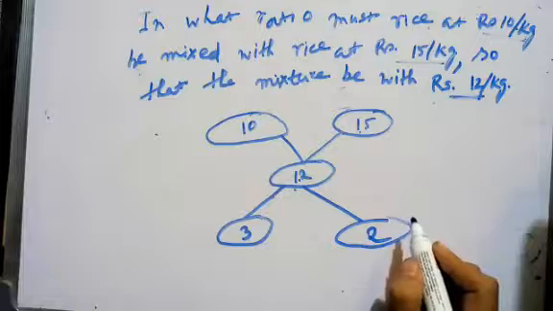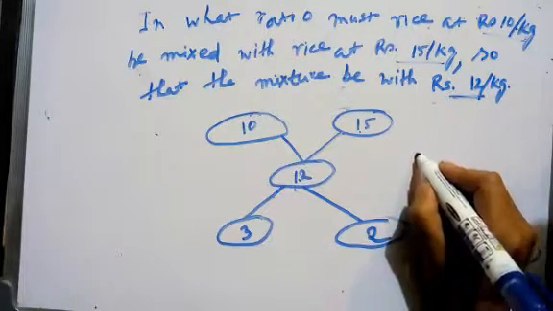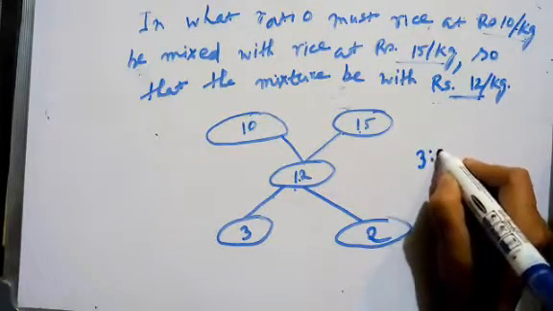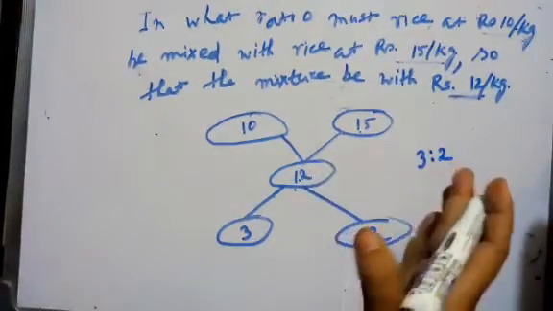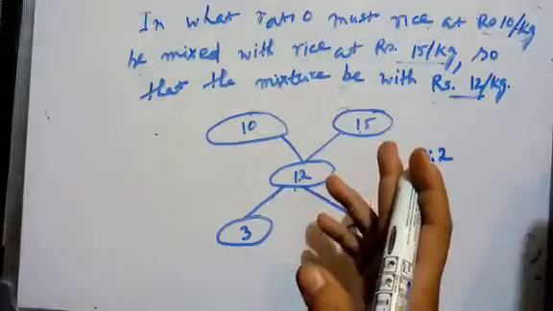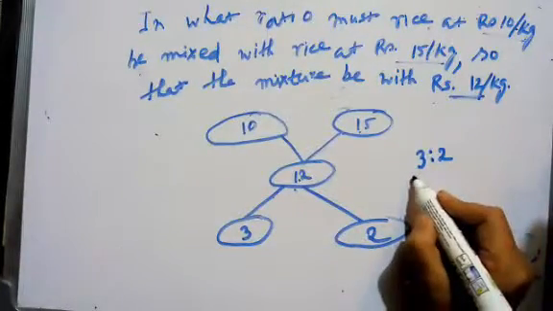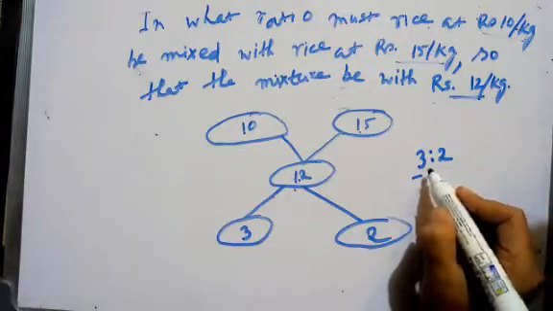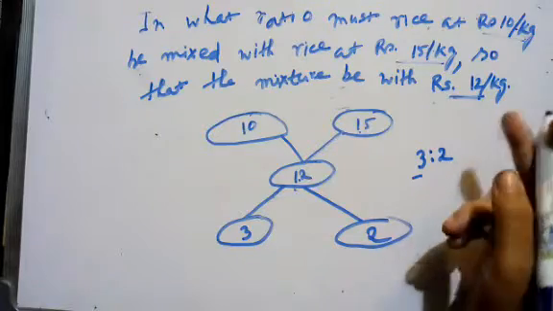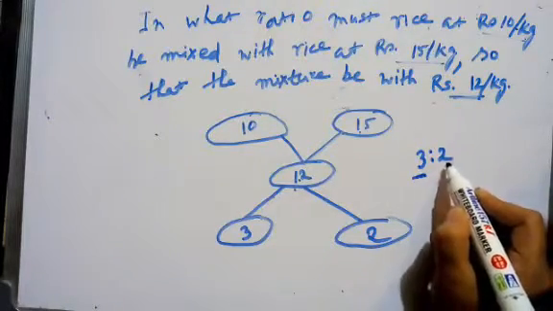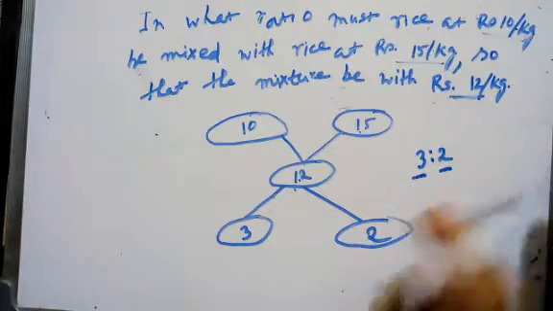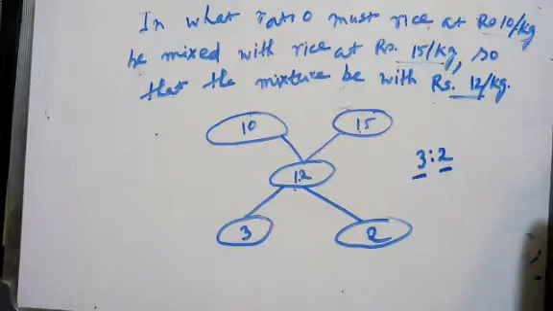Clear? So the ratio of the mixture is 3:2. That means the ratio of rice at 10 per kg is 3 and the ratio of rice at 15 per kg is 2. So the answer is 3:2. Clear?